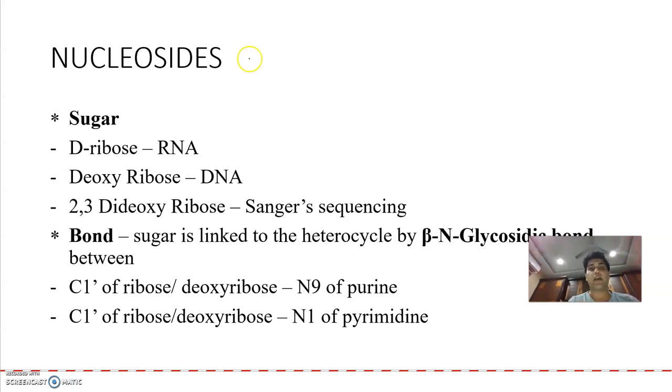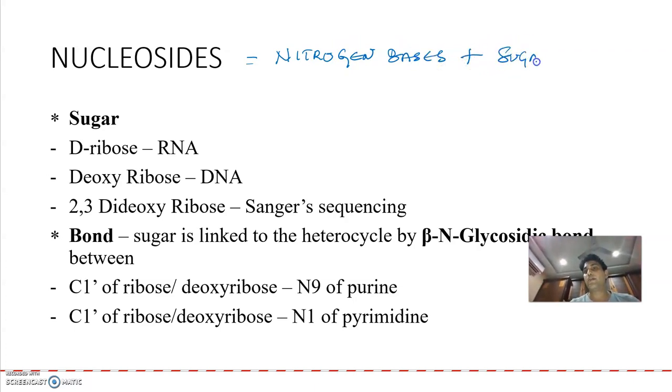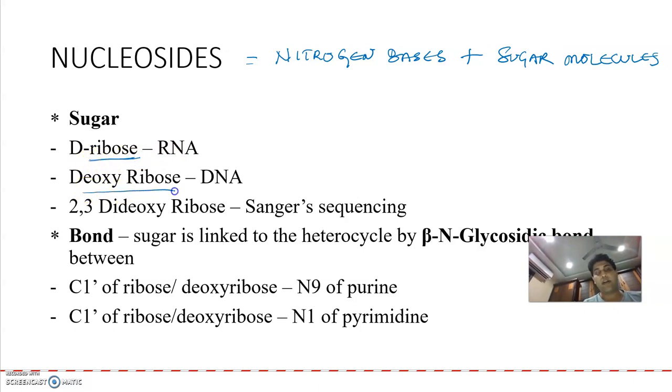So nucleosides are nothing but nitrogen bases plus sugar molecules. There are two to three types of sugars that are attached to these nitrogen bases. One is ribose sugar, and a deoxyribose sugar, which is deoxy at the second position.